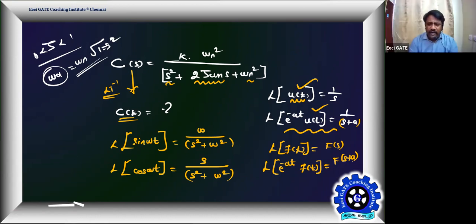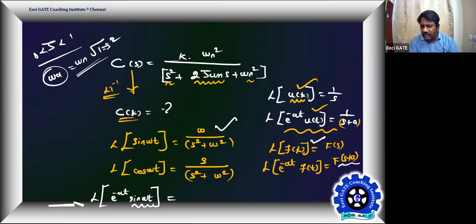So we need not remember all the identities; there is some logical play. With that, can you tell me Laplace of e power minus at into sine omega t? Remember with the logic. Sine omega t Laplace we know, and use this identity: Laplace of f of t is F of s means Laplace of e power minus at into f of t is F of s plus a.